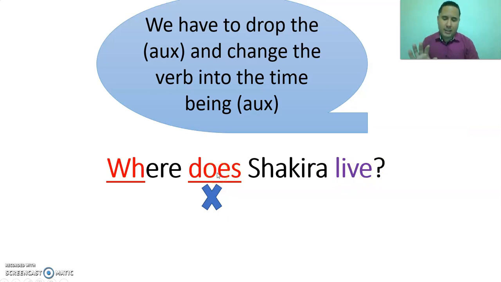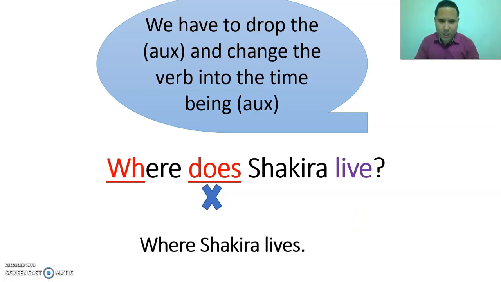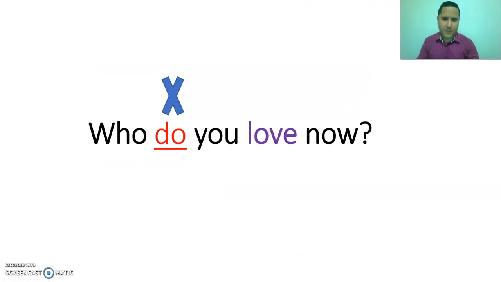Here we have does. We use does in the simple present and third person. Shakira, she. So if you prepare that question for an indirect question, it will be like this. Where Shakira lives. Why lives? Because since we drop the auxiliary, the verb will take the tense of that auxiliary.